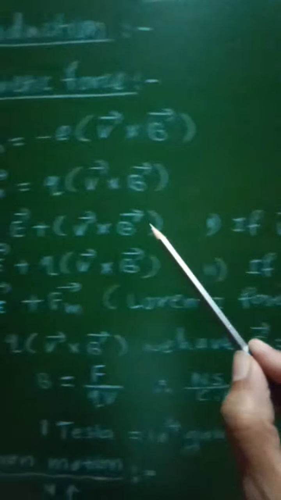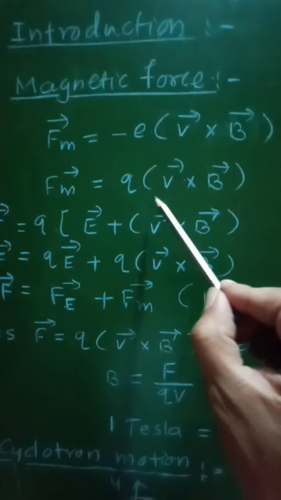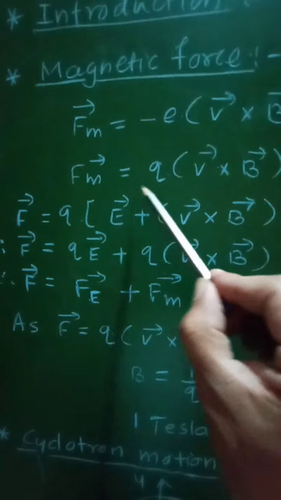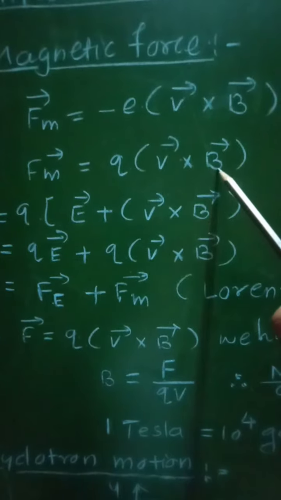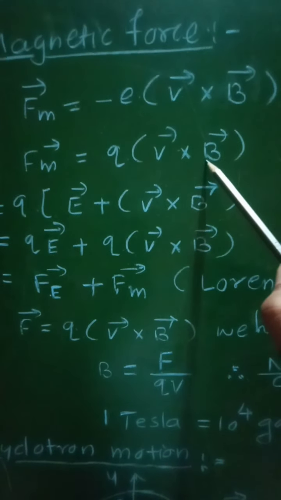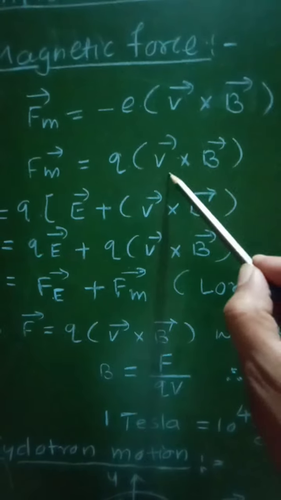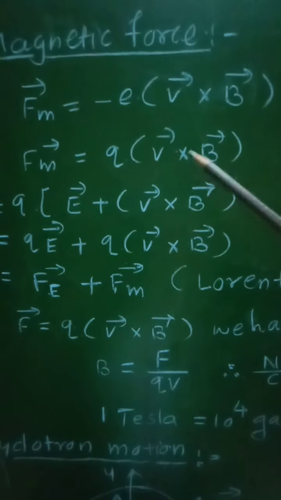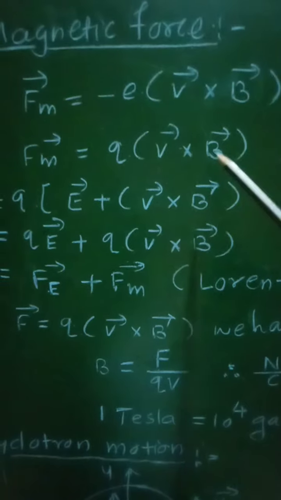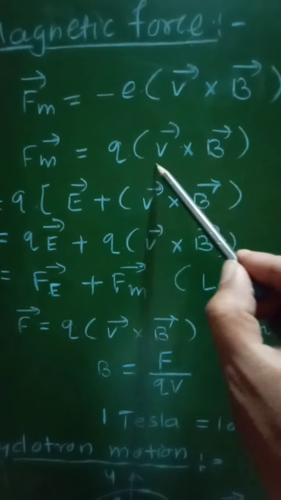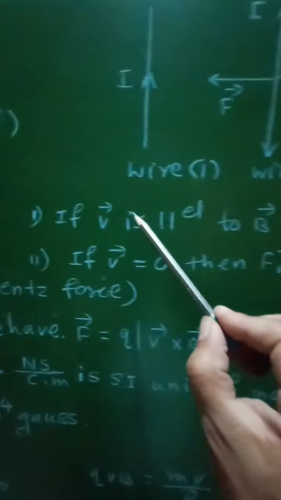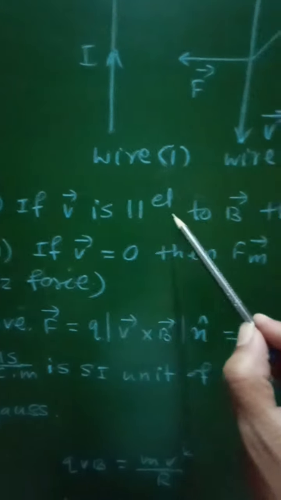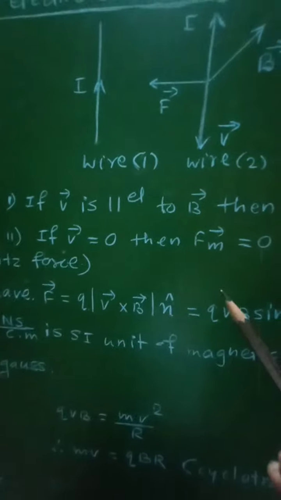From the relation Fm is equal to Q into v cross B, if v and B are parallel to each other, then the angle between them will be 0, and their cross product, that is vB sin theta, will be equal to 0, because theta is 0 and sin theta is 0. So 0 into that charge will give us 0, and therefore the magnetic force will be equal to 0 if the velocity of the charged particle and the magnetic field are parallel to each other.